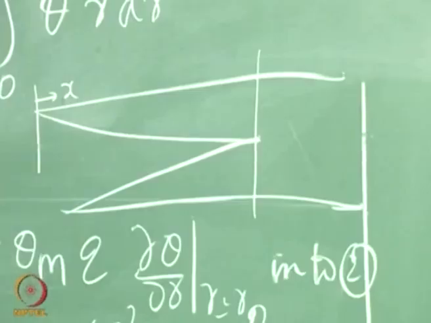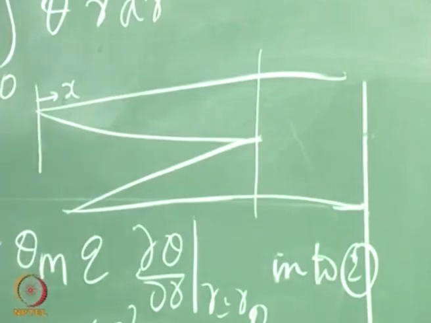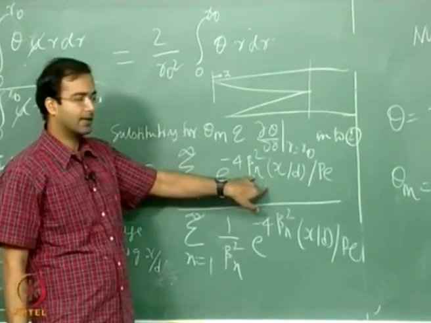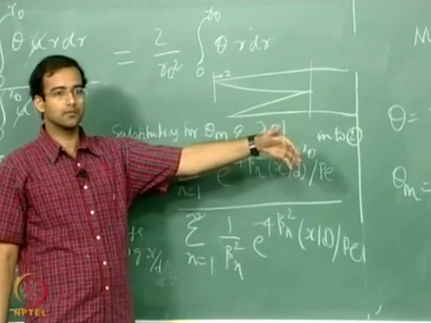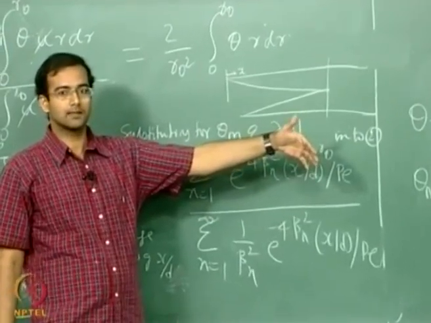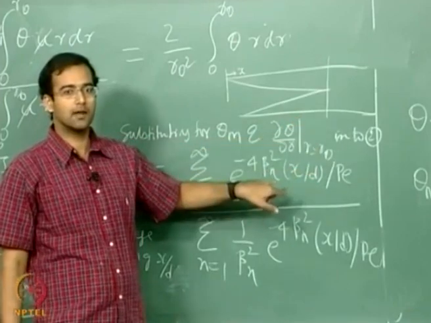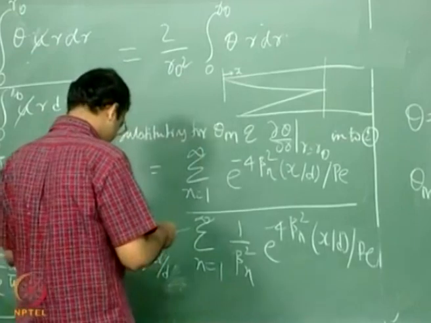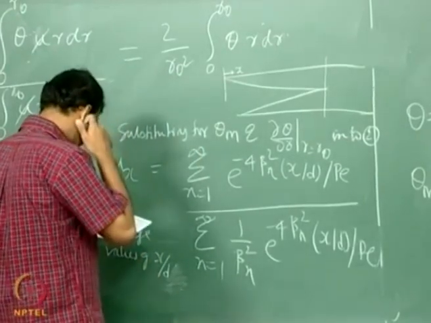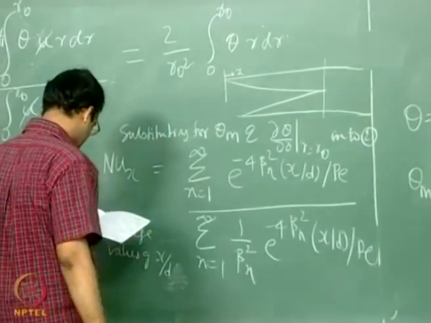In that limit, these values of beta n will be smaller and smaller as you go for larger values of x. So therefore we retain only the first value of beta, that will be the most dominating term. Only the first term will be significant when you look at large values of x by d.